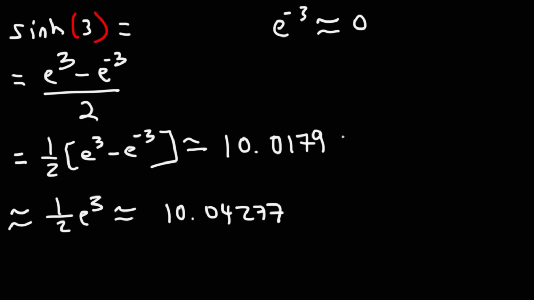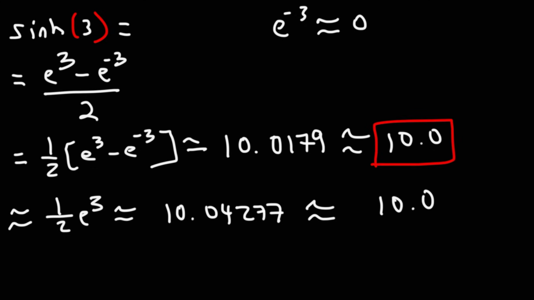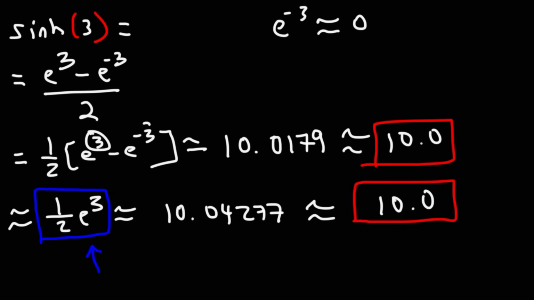In both cases, we could round the answer and say it's approximately 10.0, and we would be accurate enough. So if you want to get an approximate simplified answer, you could say it's this. If this was to the 2nd power, I wouldn't really get rid of this one because it might still be significant. But if it's like negative 3, negative 4, negative 5, it's going to be close enough to 0 where you can just ignore that part.